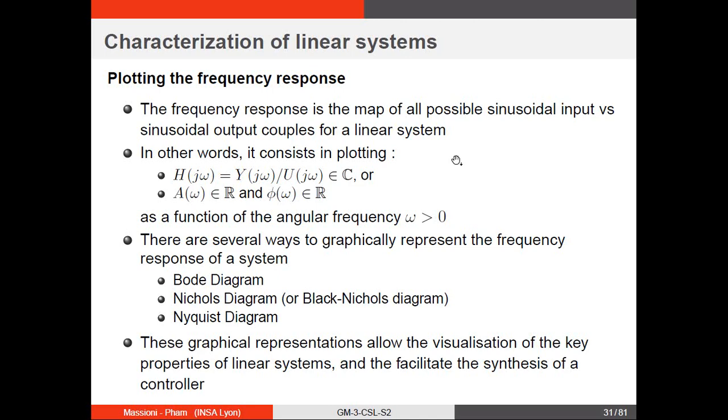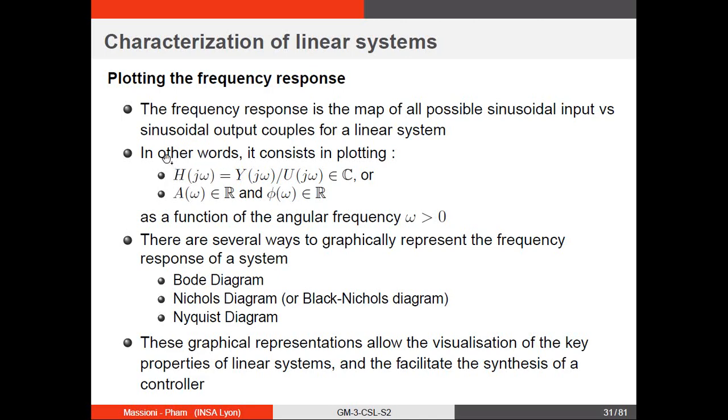And the interesting thing is that this sine output, the y when u is a sine, is also a sine of the same omega, and the amplitude and the phase shift of this sine can be derived very easily from the transfer function. Just take the modulus and the phase of the transfer function evaluated at j omega, which we also call sometimes the frequency response.